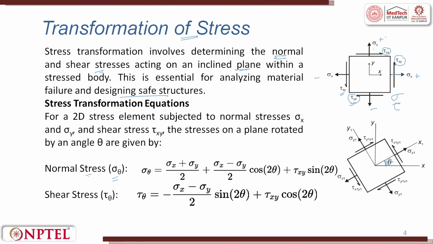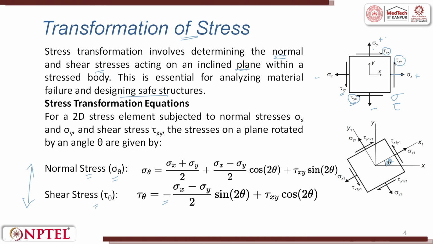This is for normal stress. When you are looking at shear stress, tau theta is nothing but minus (sigma x minus sigma y) by 2 sin 2 theta plus tau xy cos 2 theta. This is very important. These two formulas are very important.